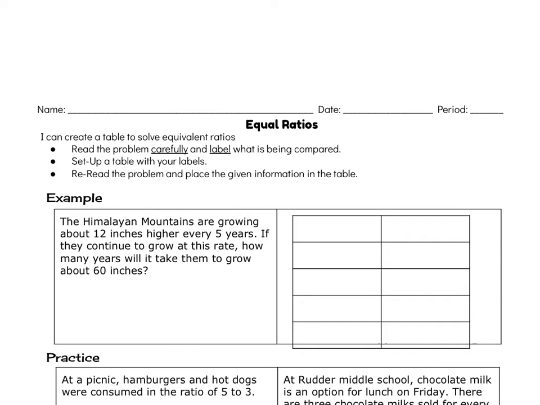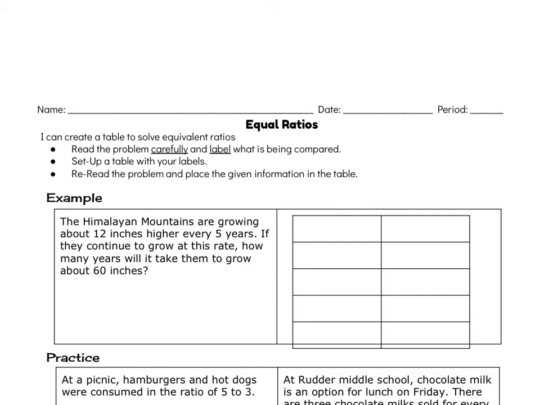So I want to go over your goal. Your goal here is I can create a table to solve equivalent ratios. So first thing I want you to do is read the problem carefully and label what 2 things are being compared. Then you're going to set up your table with those labels, and then you reread the problem and place the given information into the tables.